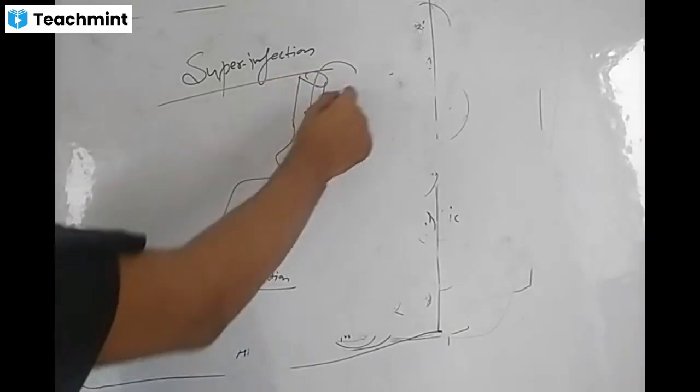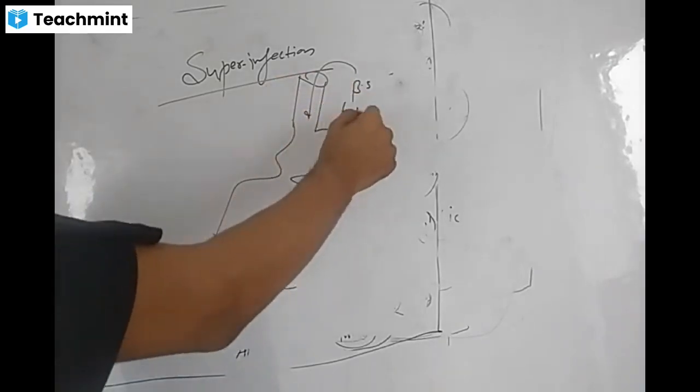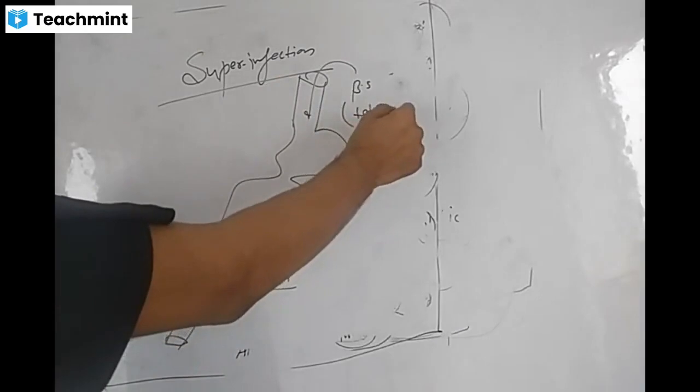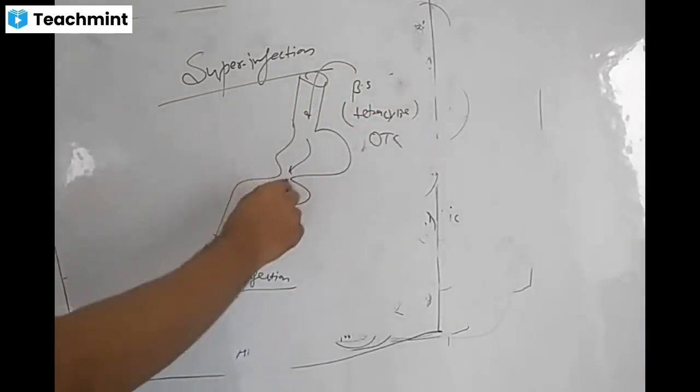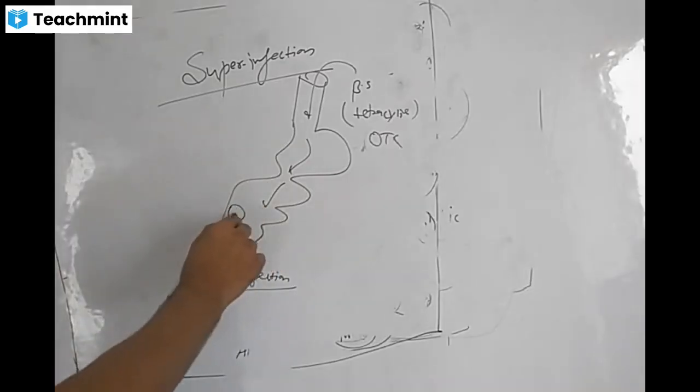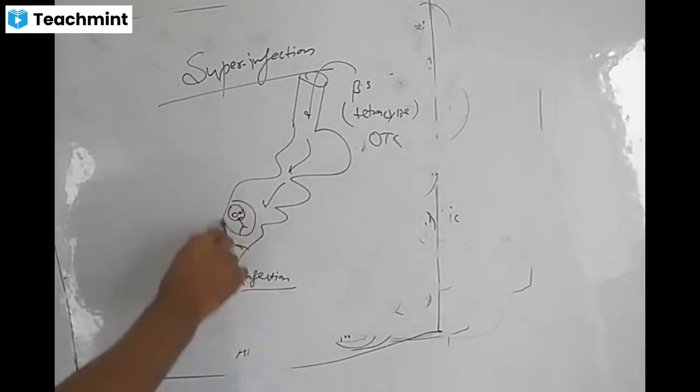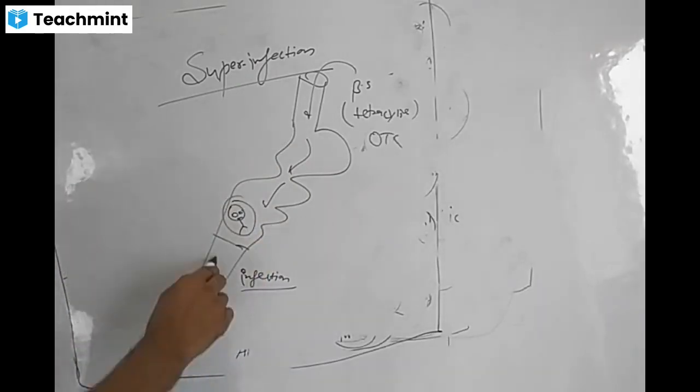If we administer one broad spectrum antibiotic like your tetracycline, OTC, or any other, this will come, and along there are some happy bacteria. These are your normal healthy bacteria which fight with the pathogenic ones.